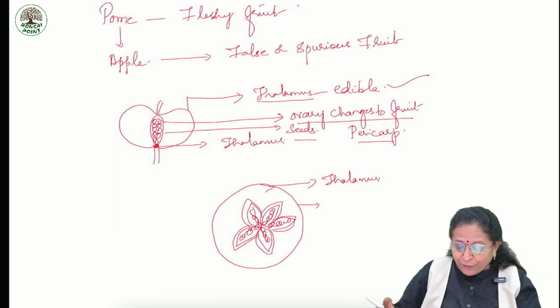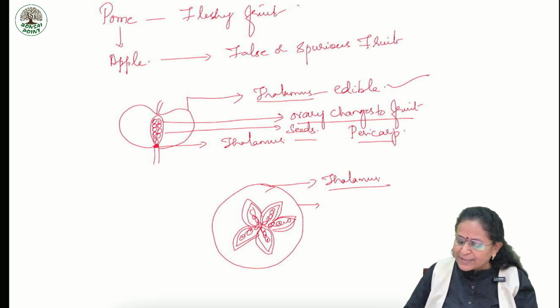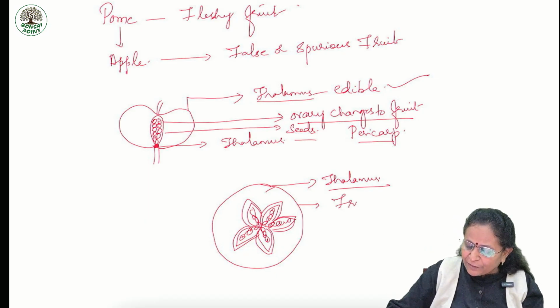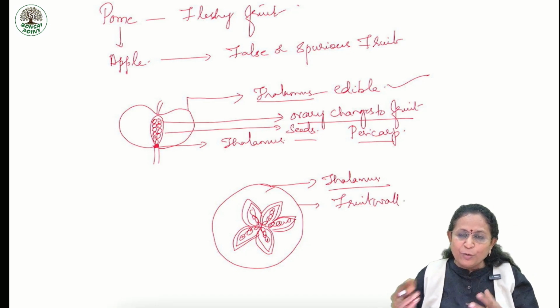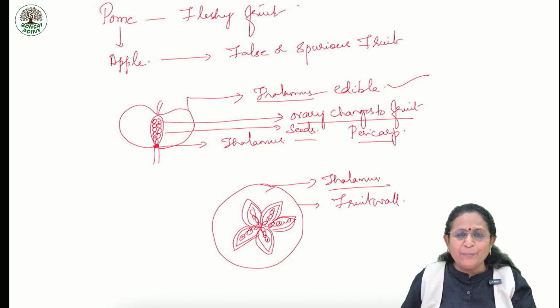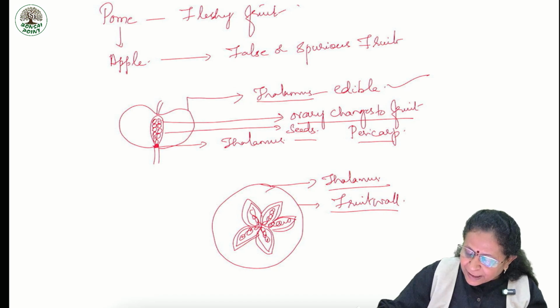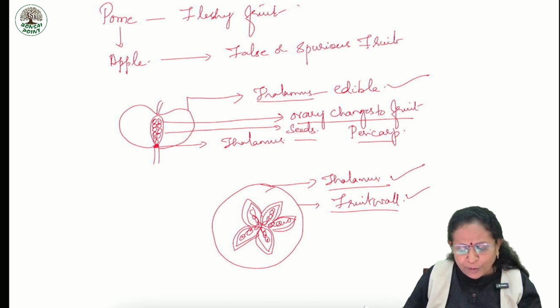The peripheral part of thalamus differentiates itself into the fruit wall. That is a speciality. Here we do not have any ovary wall developing into fruit wall.